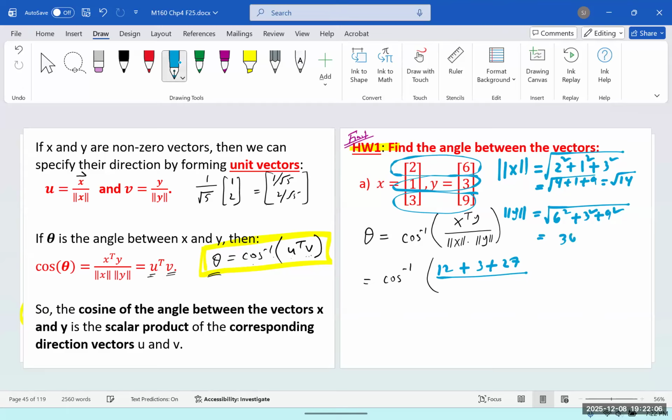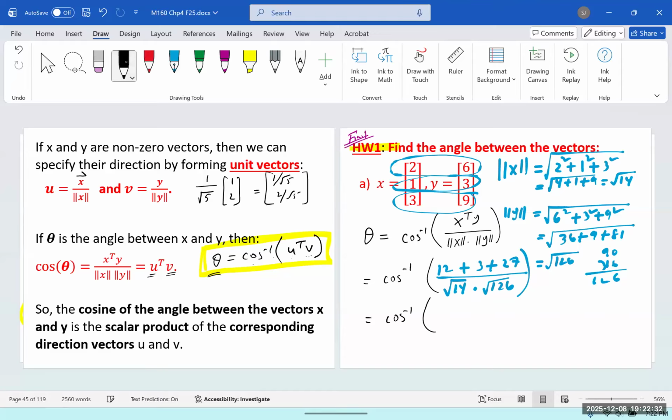And here we get 36 plus 9 plus 81, which is 126, so square root of 126. So square root of 14 times square root of 126. So we get cosine inverse of 27 plus 3 plus 12 is 42, 42 divided by square root of 14 times square root of 126.